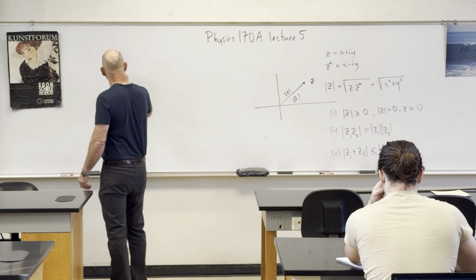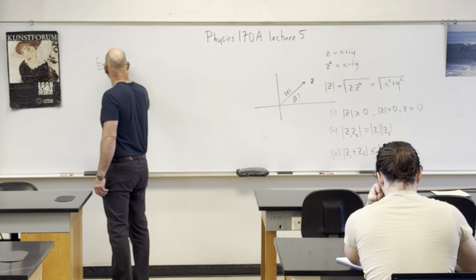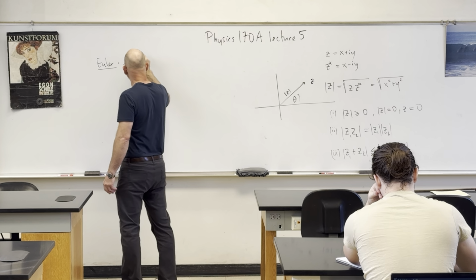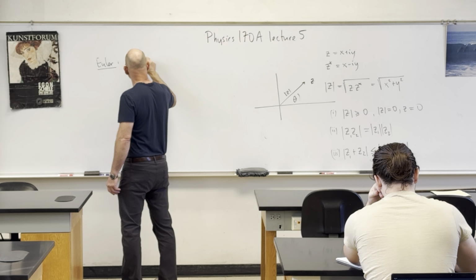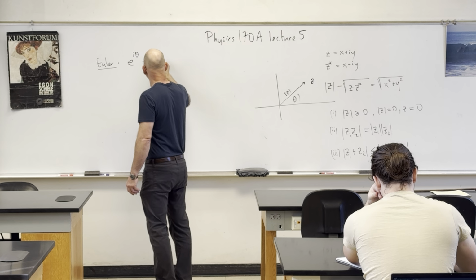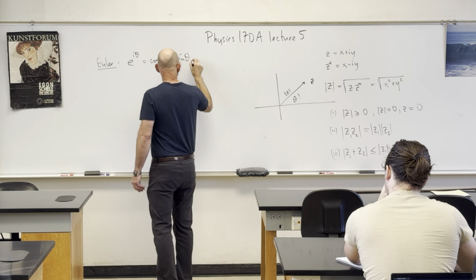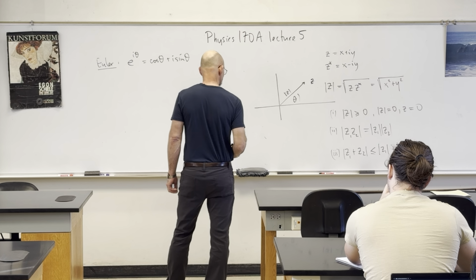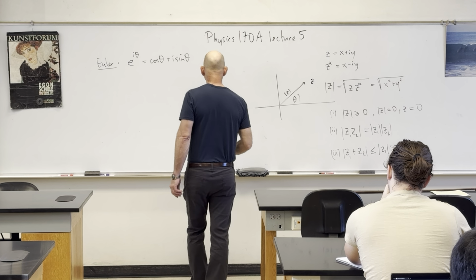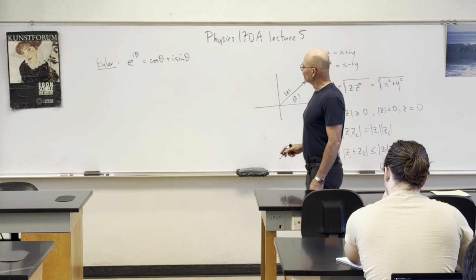Let's write Euler: e to the i theta, where theta is real, is equal to cos theta plus i sine theta. And that makes the connection to the unit circle version.